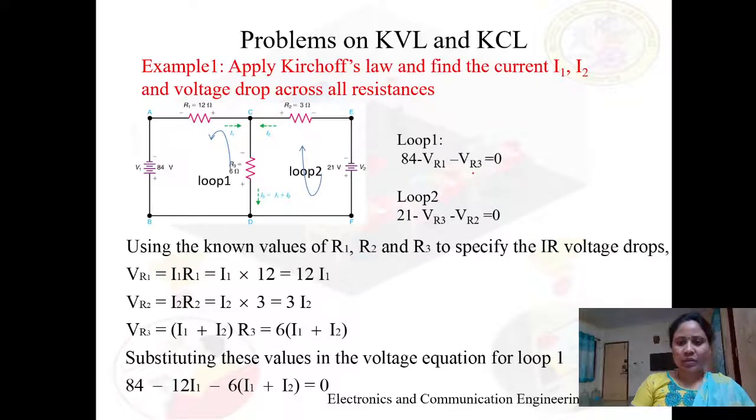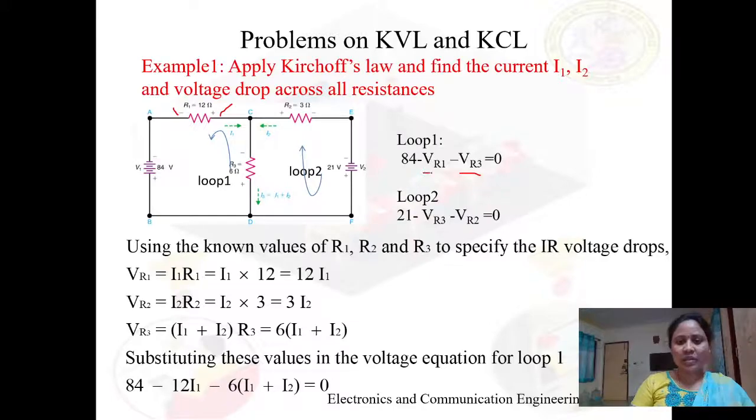Now consider R1. Moving from point C to A, we can see the potential changes from plus to minus. Therefore, again there is a drop in potential across the resistor R1, so VR1 can be taken as negative here.